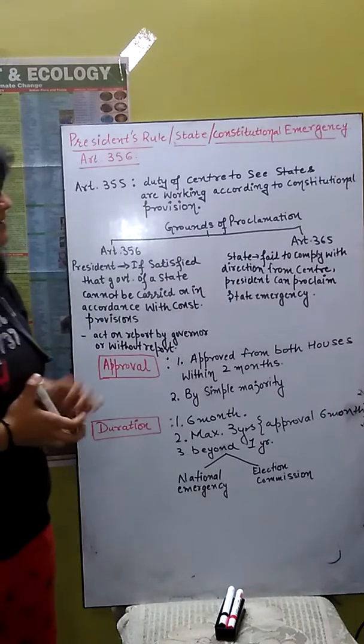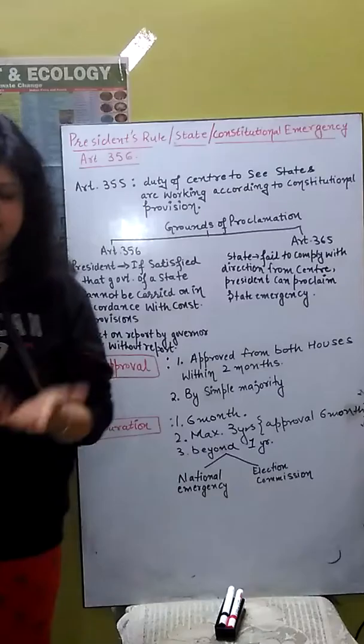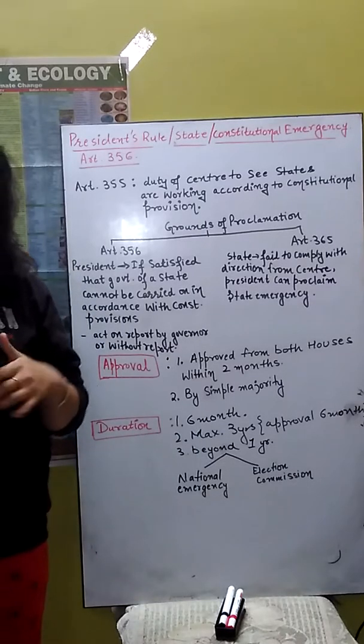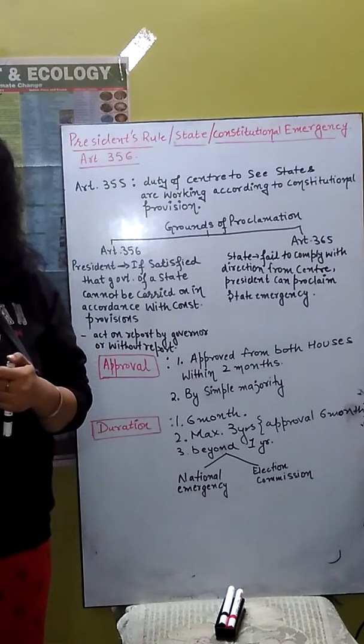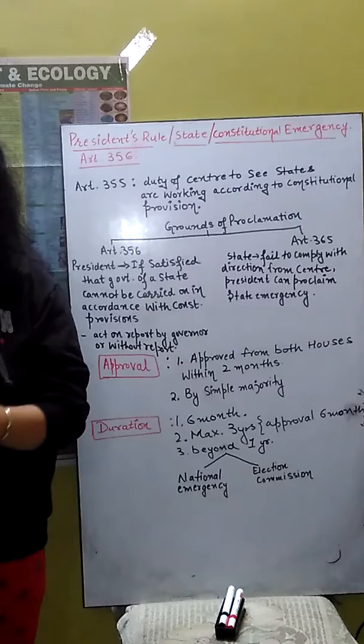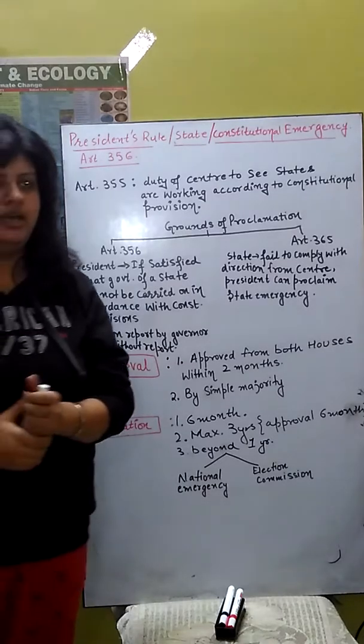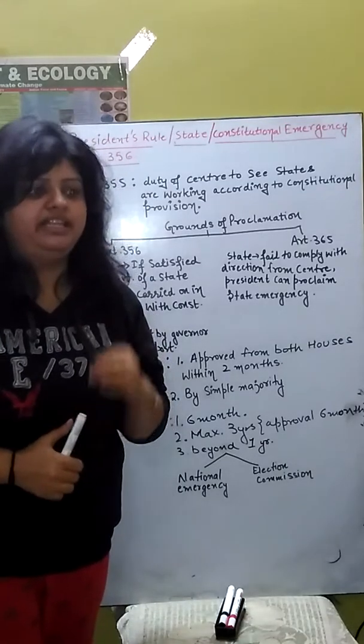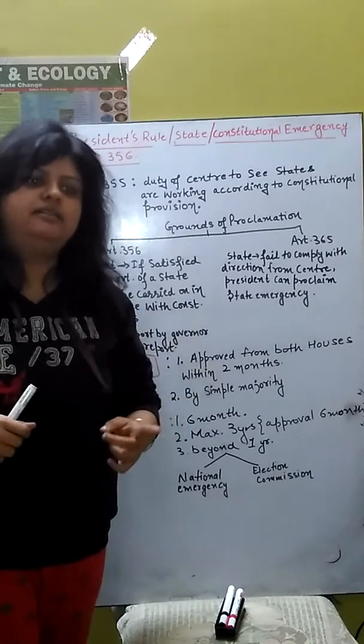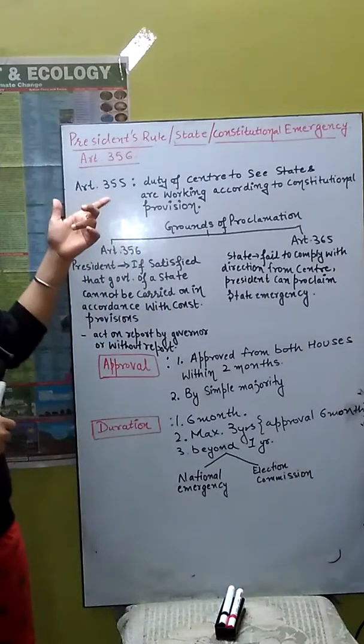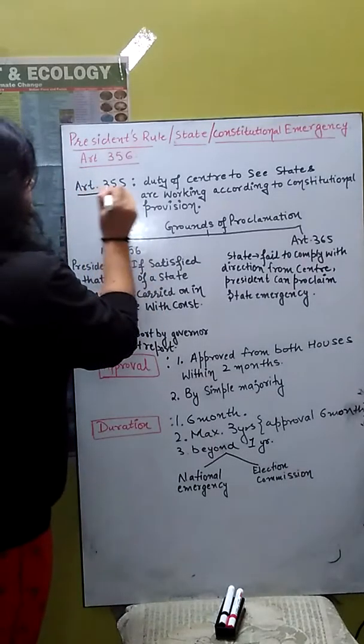Now, before understanding why the President imposes or proclaims emergency in a state, we need to understand another article which is called Article 355.